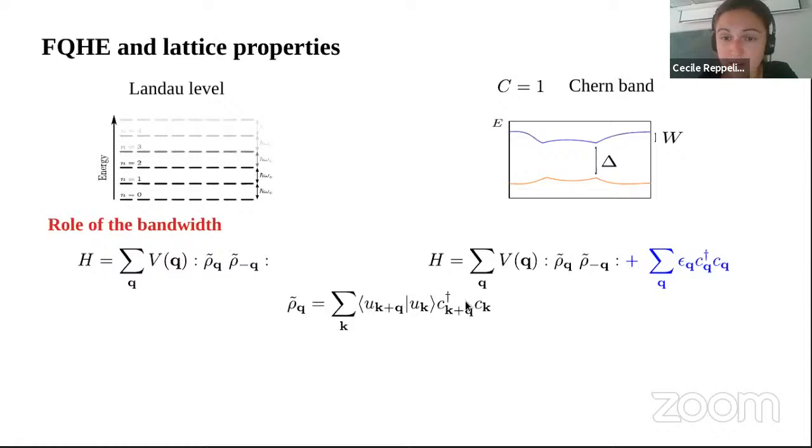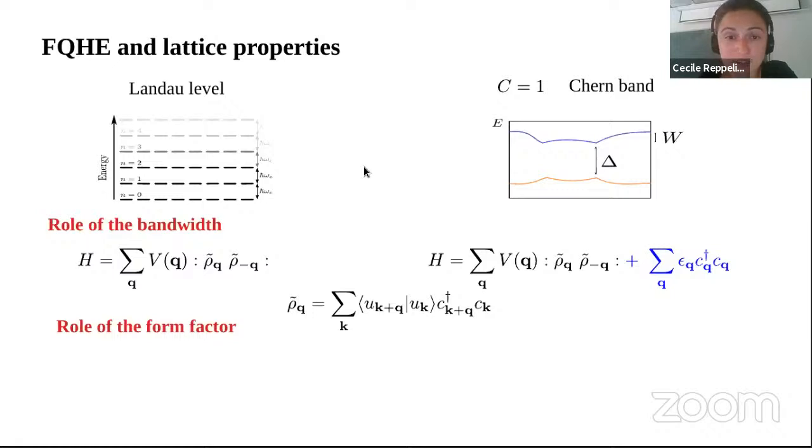If I write it down in terms of the operators that create and annihilate an electron at momentum k and k plus q, I need to use this form factor here, which is defined thanks to the single-particle eigenvectors of either the Landau level or the Chern band.